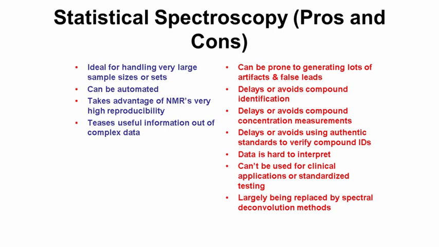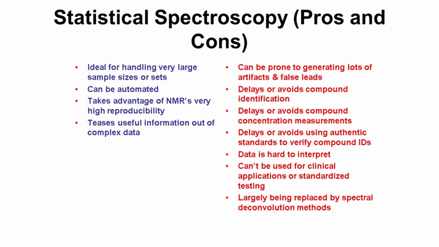If you don't do that, then often you can't publish, you can't do anything that's biologically useful, can't make any biological interpretation. So in that regard, deferring, delaying, or completely avoiding compound identification and quantification makes a lot of the work that you do in statistical spectroscopy somewhat wasted.